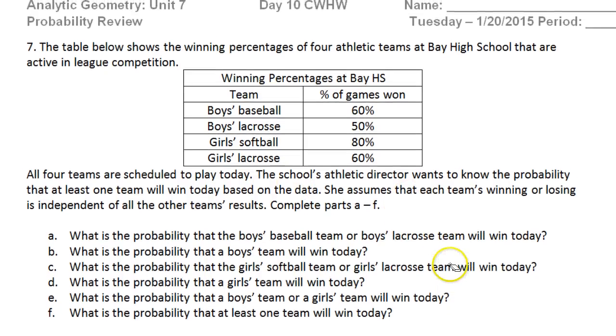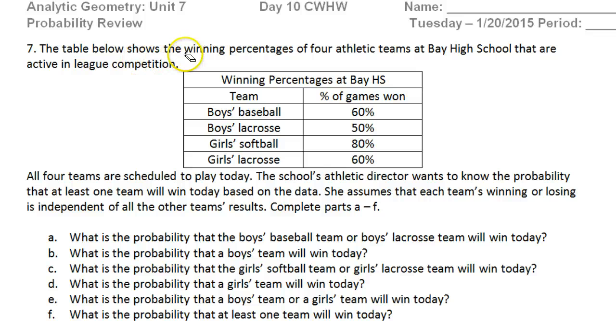So, number 7. The table below shows the winning percentages of 4 athletic teams at Bay High School that are active in league competition. Okay. So we've got boys lacrosse, boys baseball, girls softball, and girls lacrosse.